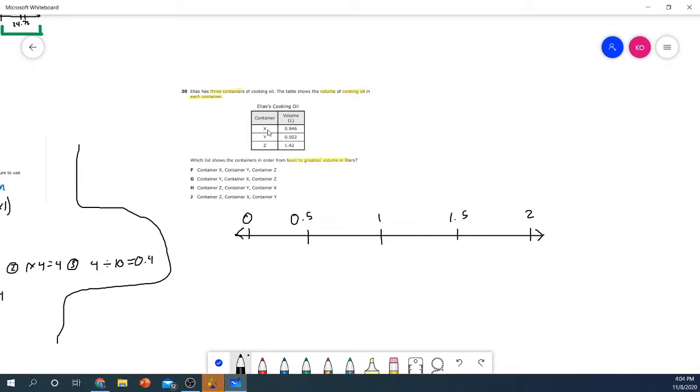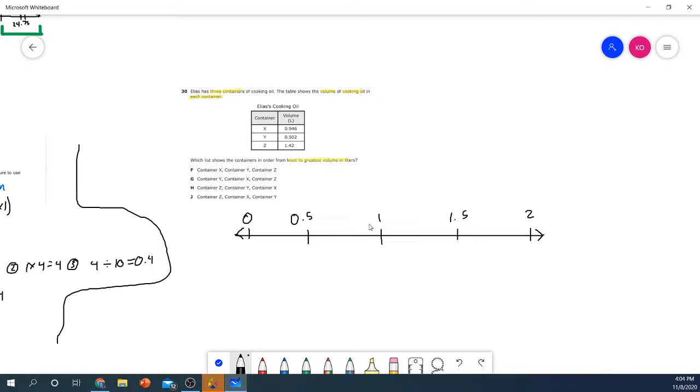So, X, which is 0.946, is in between 0.5 and 1, and it is closer to 1 than it is to 0.5.